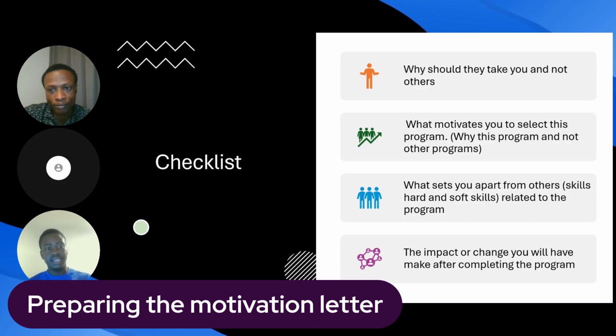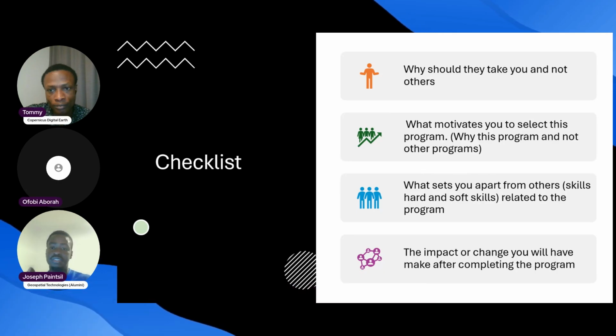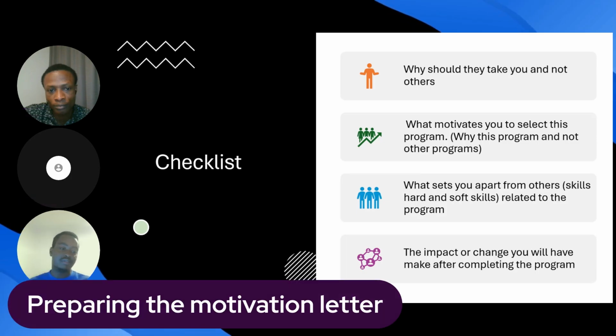So even though your bachelor's degree may not readily relate to that program, you should write a motivation letter in such a way that you mention what you've done in relation to that program and what inspires you.